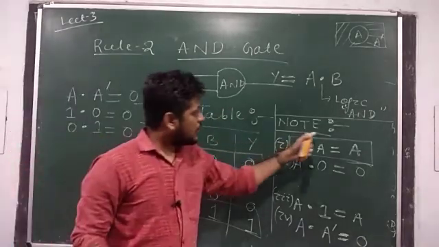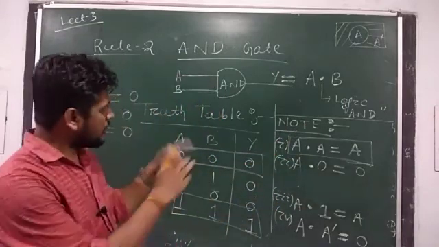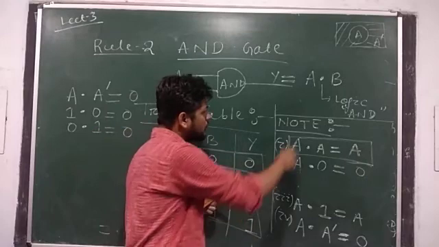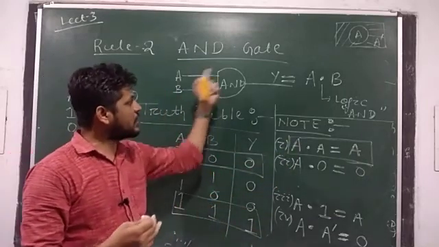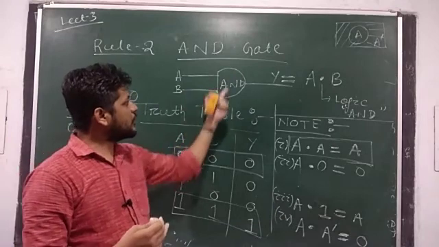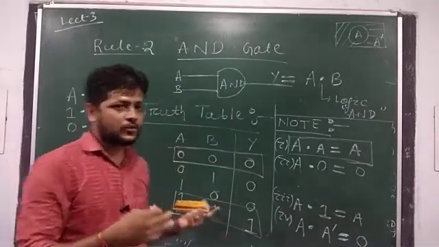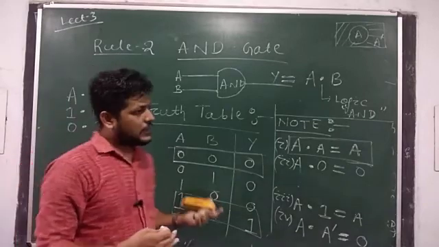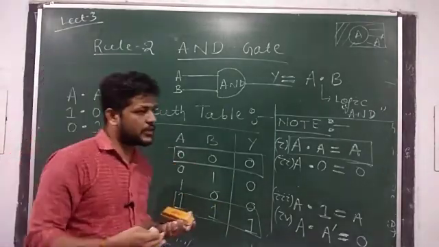After that, some conclusions. Then after the truth table and conclusion, how to implement this. This is the circuit symbol, but how to implement this circuit symbol practically. I am taking an example of a switch and bulb, and then again how to implement that switch, because this is your electronic subject.